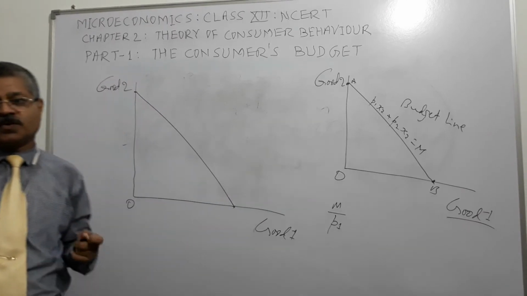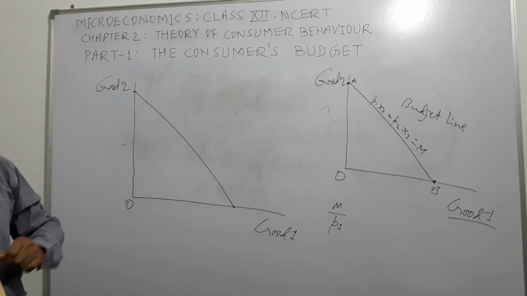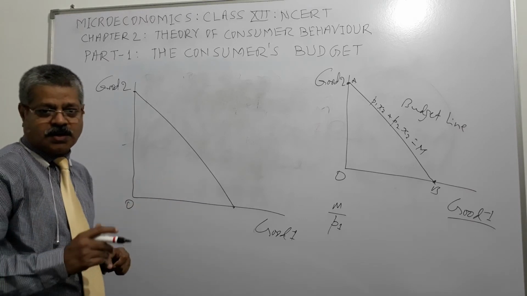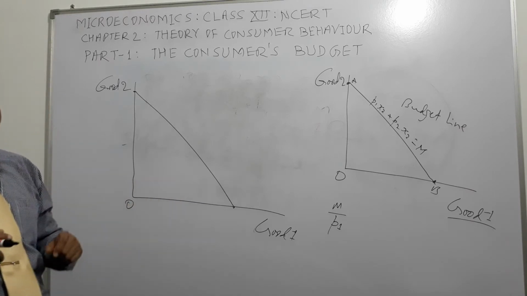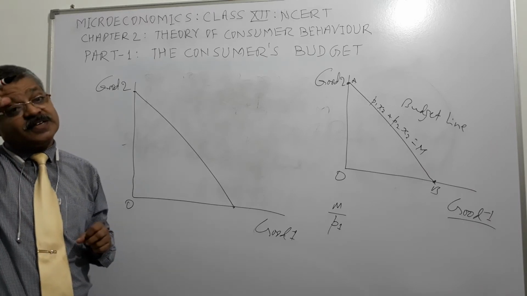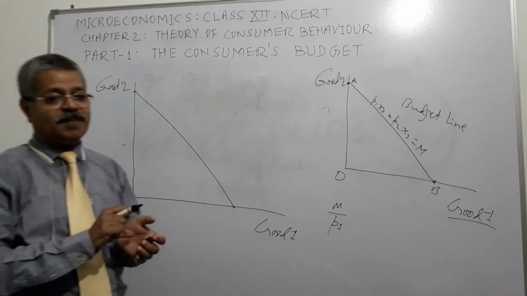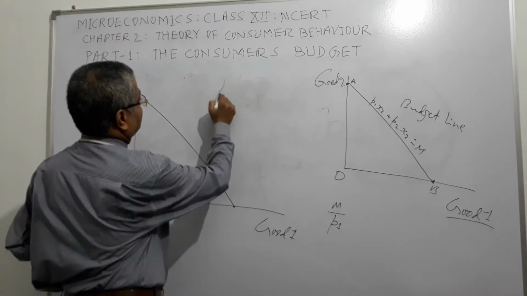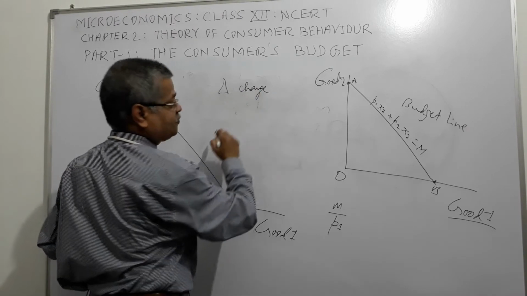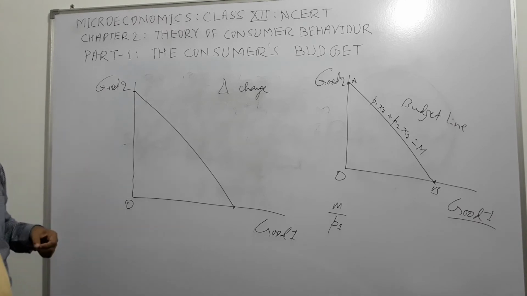Now, what we will do? How does the deviation come? The deviation comes from, suppose, there is a change. What is the change? Suppose we get a change in quantity. So, how does the quantity change? x1 plus delta x1. This delta represents change, right? So, how do we explain the deviation?